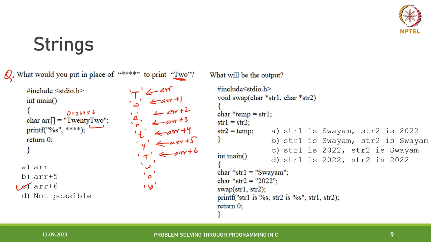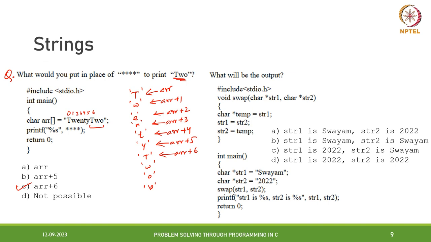That means it's the 7th element of the array, which is at index 6. So if I write ARR plus 6, it will print only capital T, W and O. So here I write ARR plus 6.